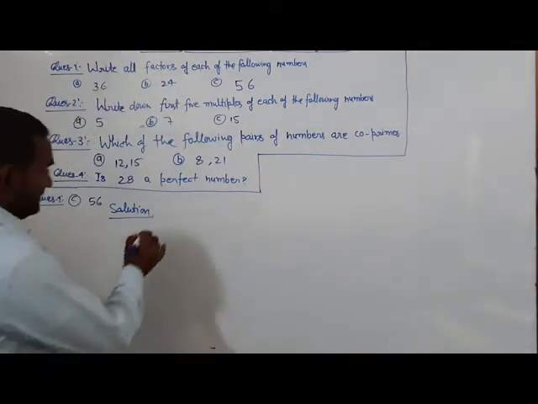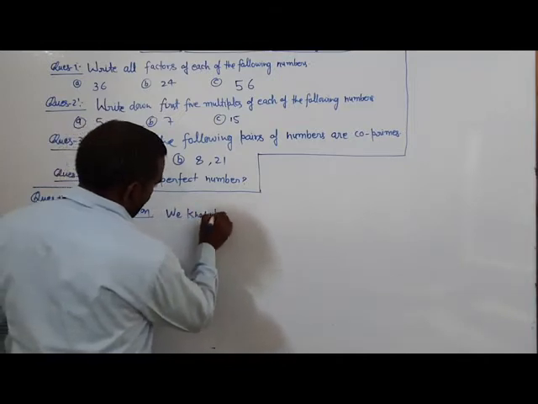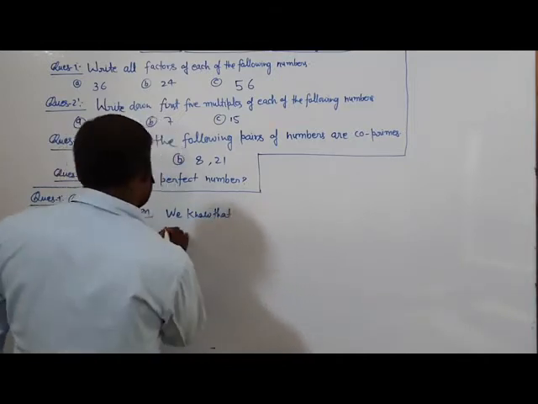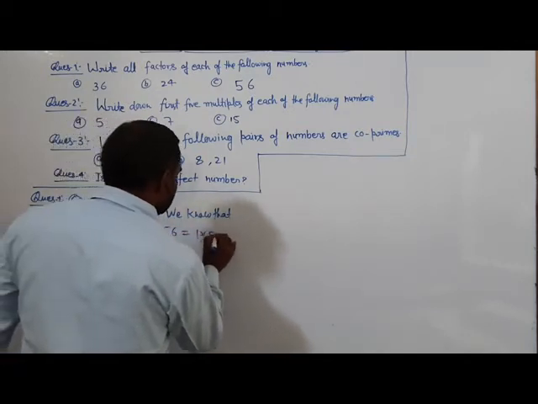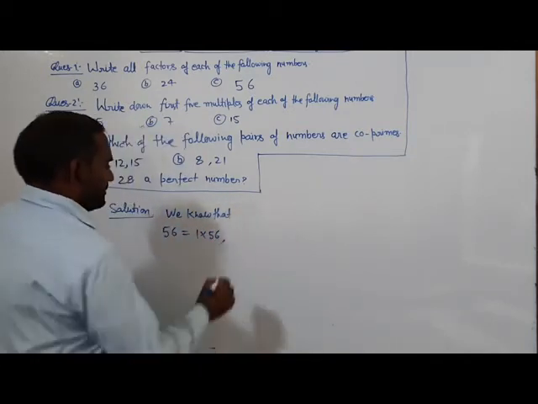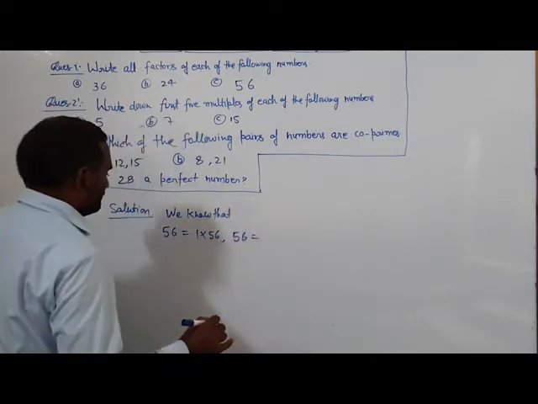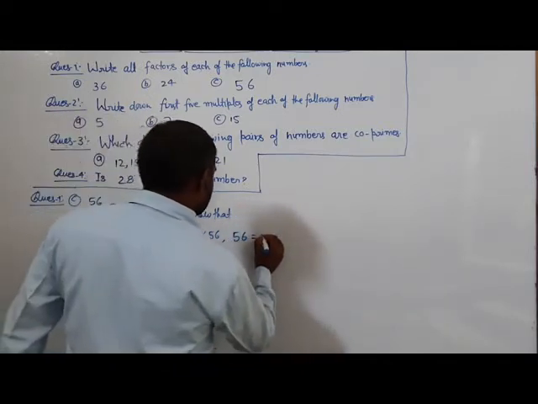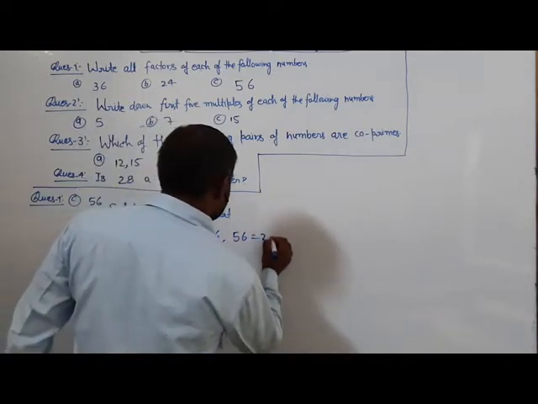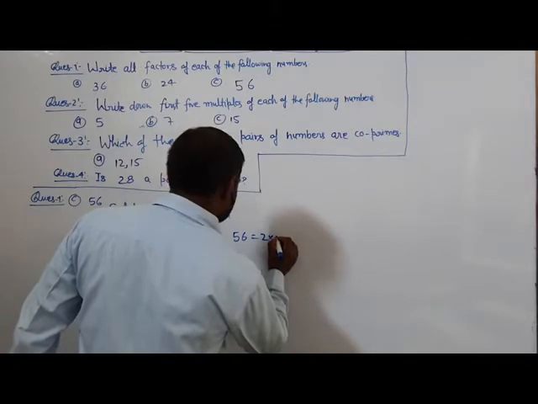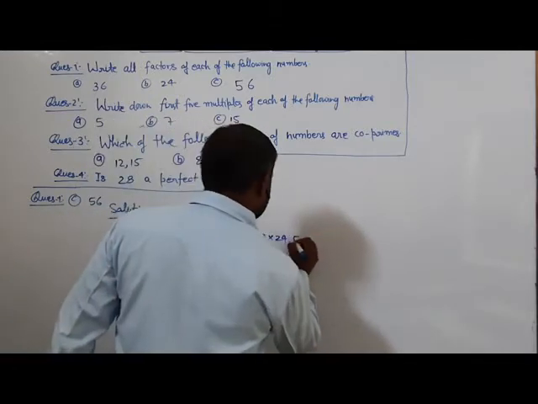We know that 56 is equal to 1 into 56. 56 is equal to 2 into 28.